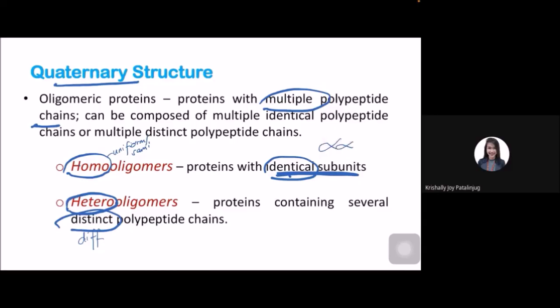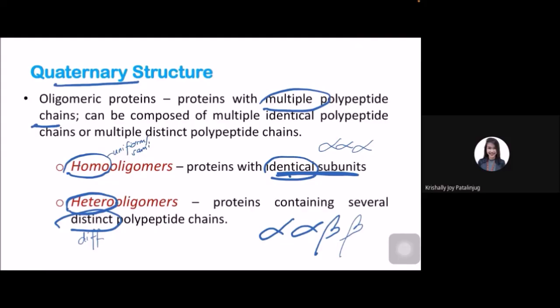Alpha, alpha, alpha, then that is identical. Paano naman kapag alpha, then may beta, then another beta. Kapag ganyan, nagkakaiba yung structure ng mga polypeptide chain dyan, then that is hetero-oligomers already. Okay?